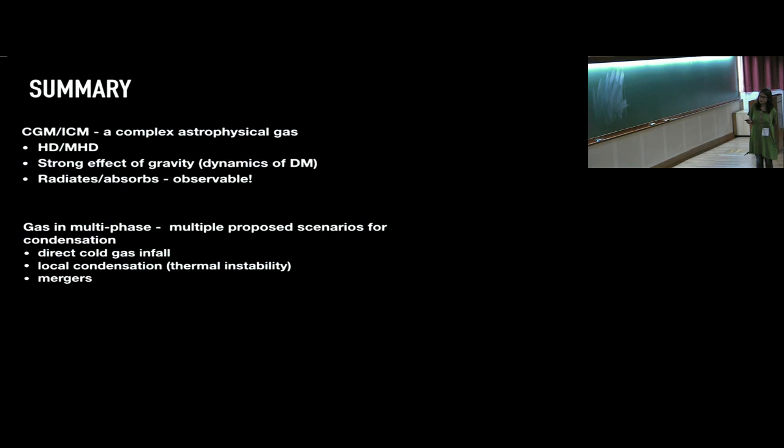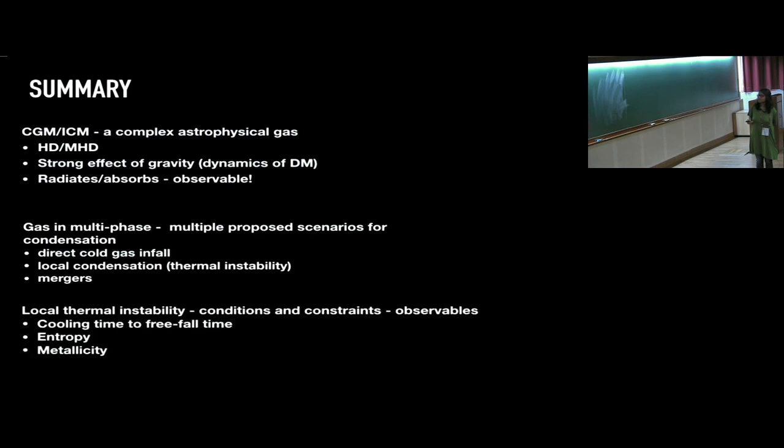This is what I'm working on right now, and this is not something I mentioned before. So in local thermal instability, I talked about this part, but there are several different thermodynamic properties that we can actually see the effect on local thermal instability. One is entropy, one is metallicity. This is something I'm working on with one of the undergrads here.